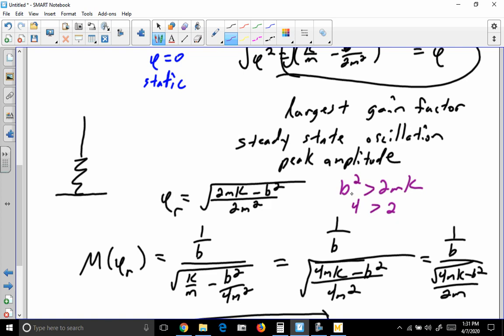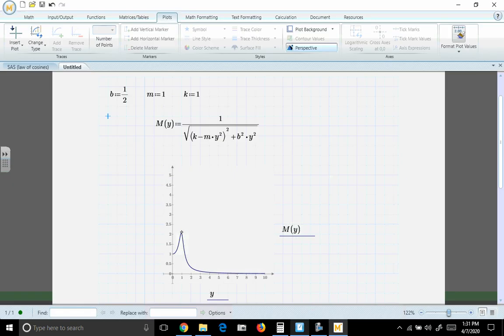But if we let b be 1/2, 1/2 squared is 1/4. This time 2mk is bigger, so if this is bigger and we subtract a smaller number, that's positive. So we do have a critical value this time, and here's where that critical value is. That's where that maximum occurs.